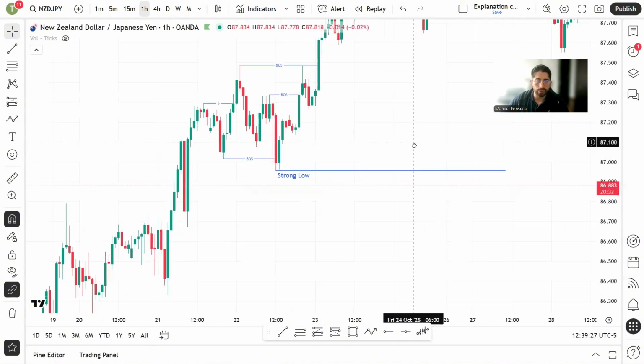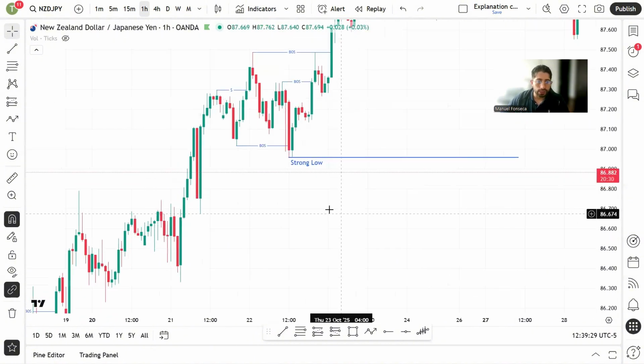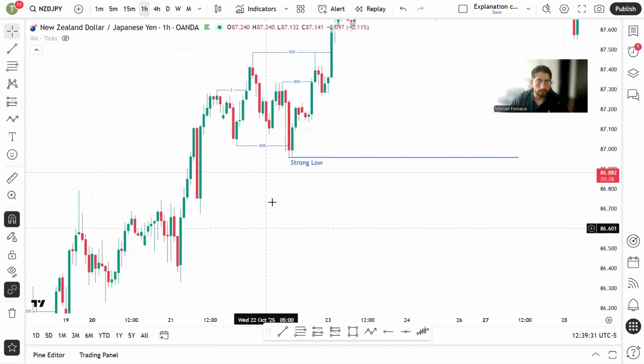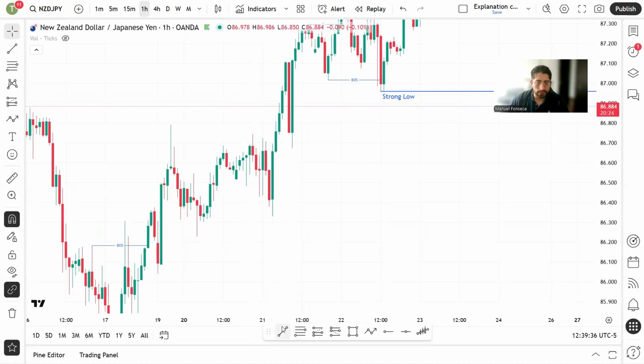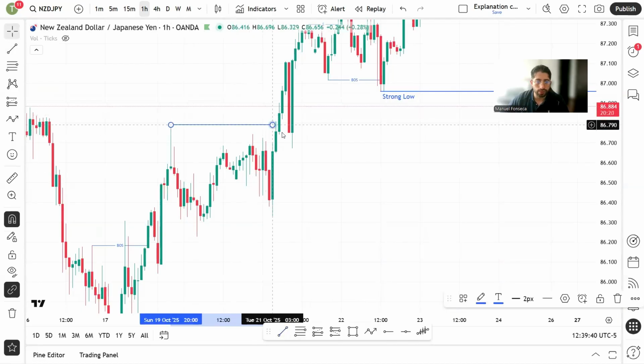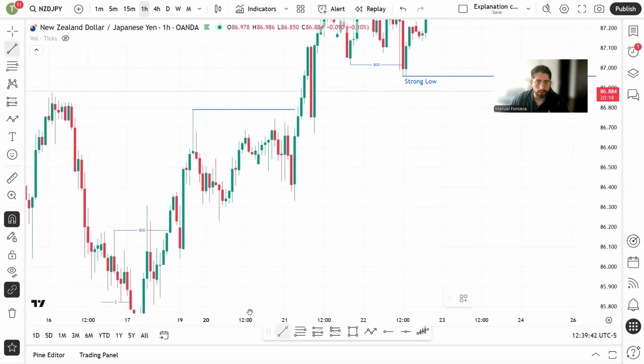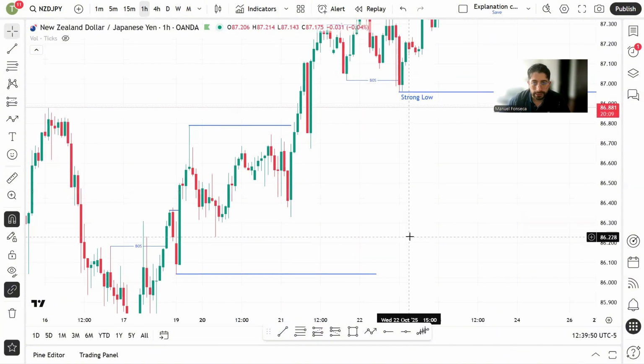Now, this is actually very interesting. Do you remember this evident high we saw here, this break of structure here, that we said was liquidity taking, perfect, but there was no BOS? What happened?